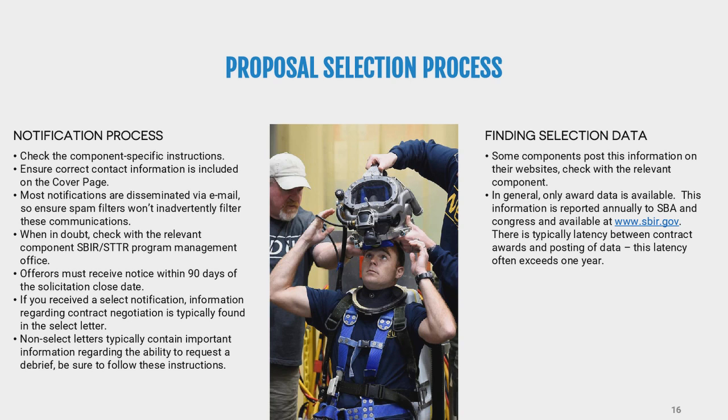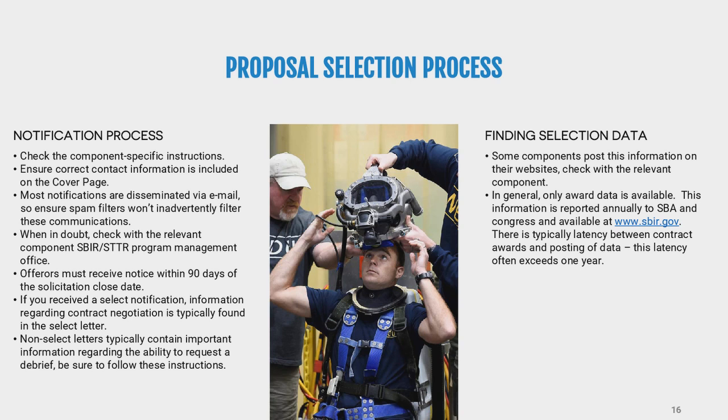You also want to make sure that your CO's most updated information is within the relevant component's database. So if you have changes to your CO between the time of submission and during the evaluation and review process, you should directly contact the component program management office to update that information so you don't miss any critical communication.